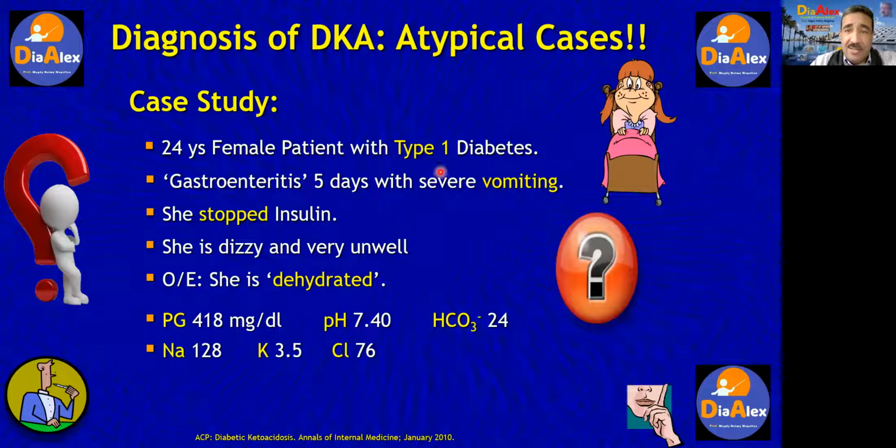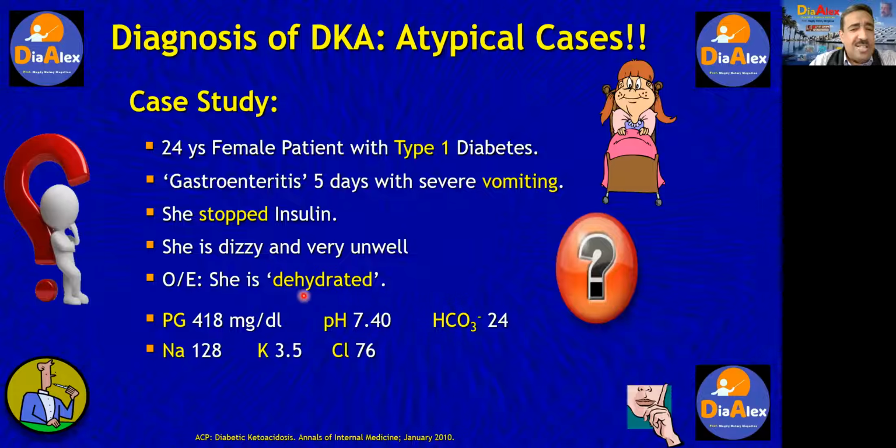This patient has type 1 diabetes, giving a history of gastroenteritis with severe vomiting for 5 days. Because she is not able to eat, she stopped insulin. She is presenting with dizziness and she seems very unwell.